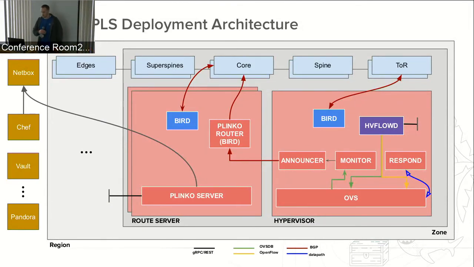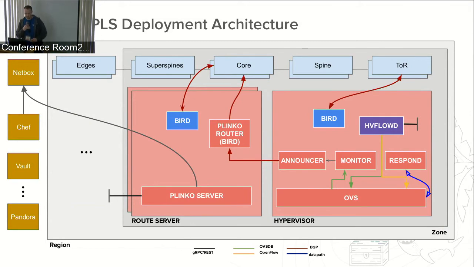Thanks. So here we have the network architecture for our data centers. Up along the top, you see the Clos topology nodes. This corresponds to the ToRs. And then we have two types of servers. We have our hypervisors and our route servers.